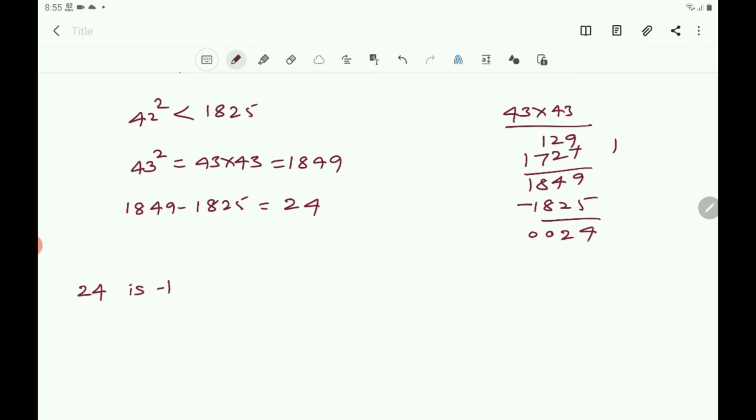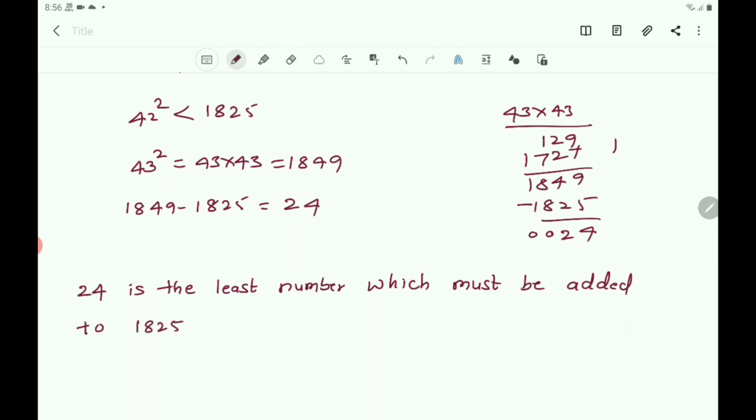24 is the least number which must be added to 1825 so as to get a perfect square.